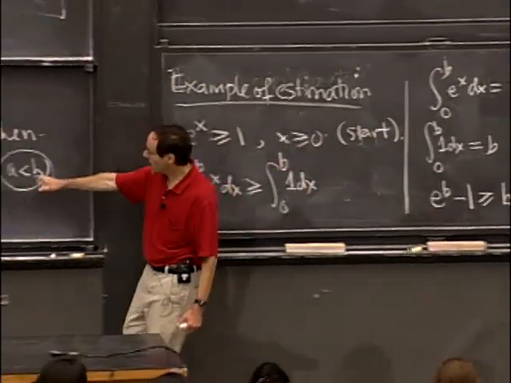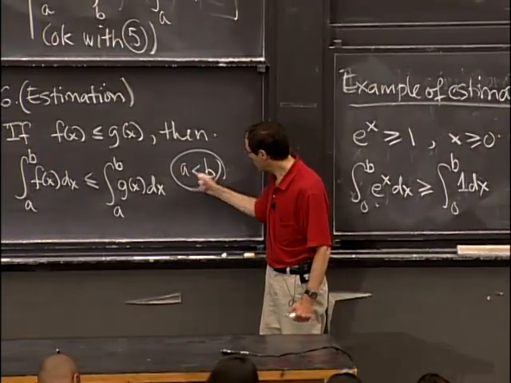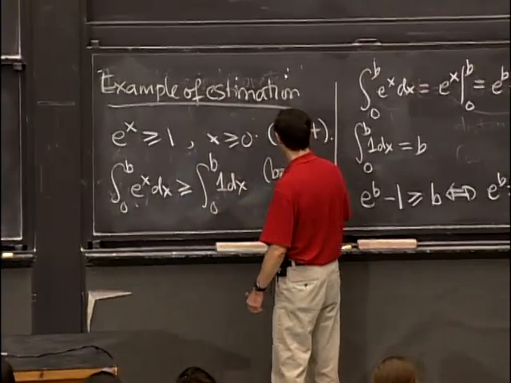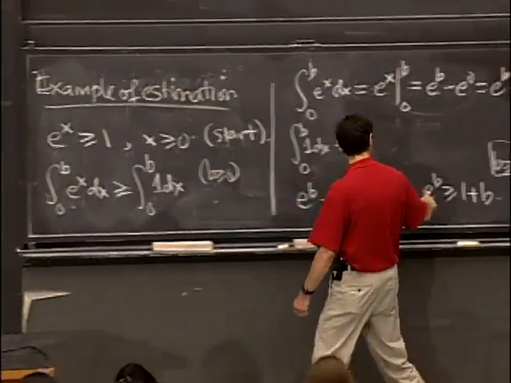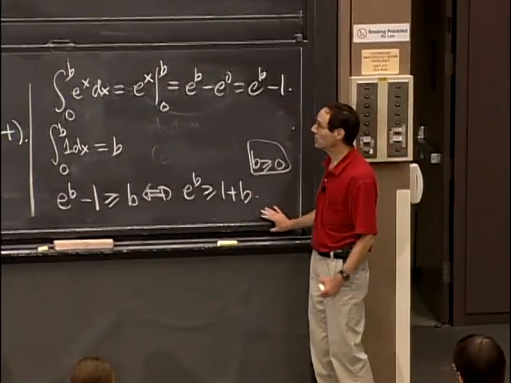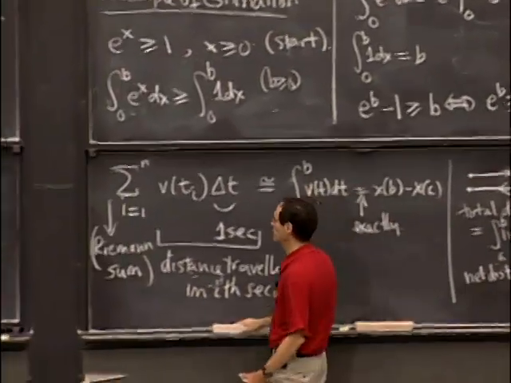But this estimation would be false. All right? We need that b be bigger than 0 in order for this to make sense. So this was used. And that's a good thing, because this inequality is suspect. Actually, it turns out to be true when b is negative. But we certainly didn't prove it.